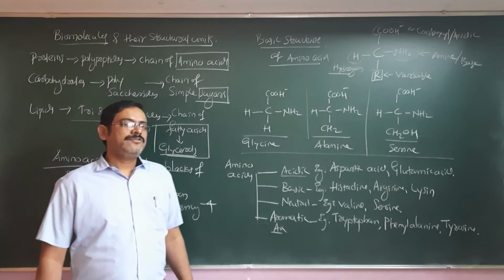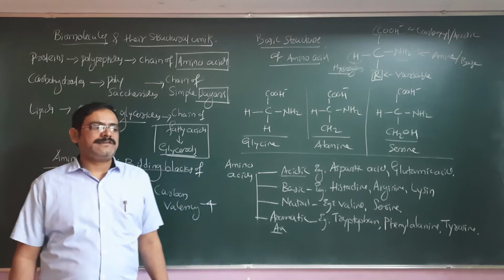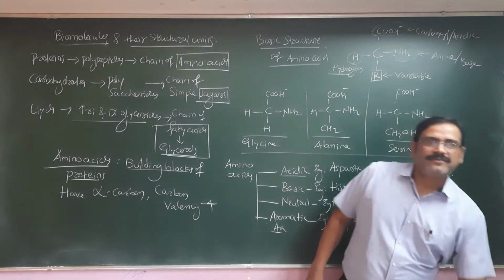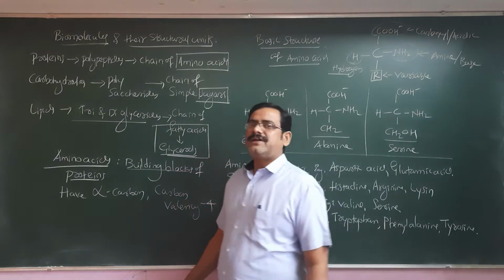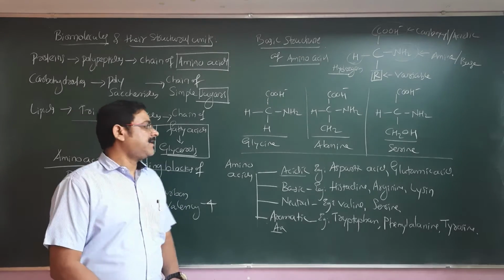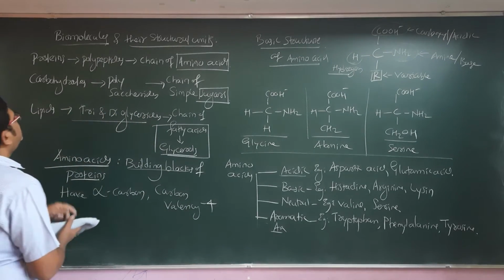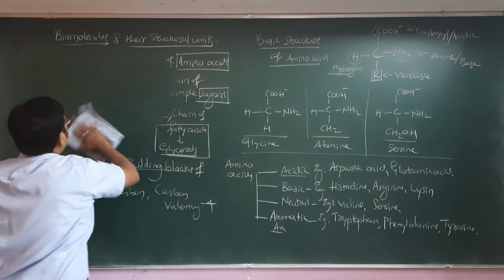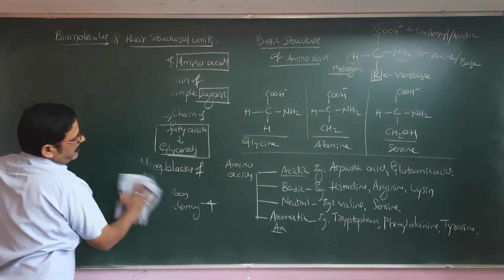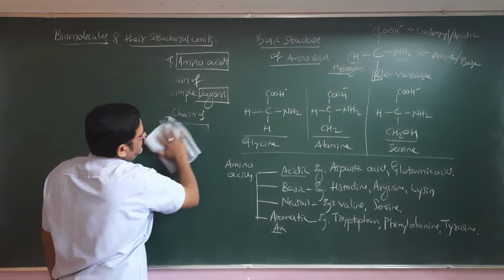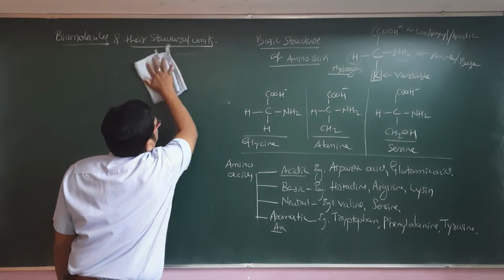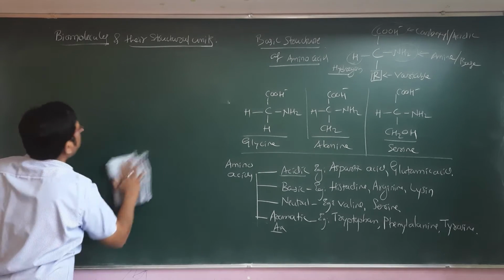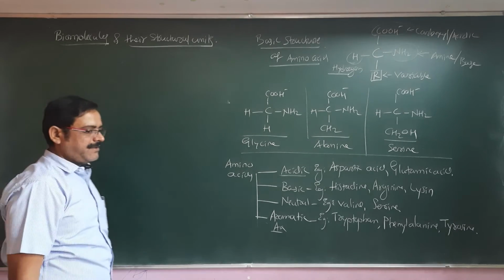Well, amino acids as such do have one peculiar property. What is it called? It is called the Zwitterionic property. Let us understand what this Zwitter ion and Zwitterionic property are. It is actually balancing between the positive and negative charges of the ions.